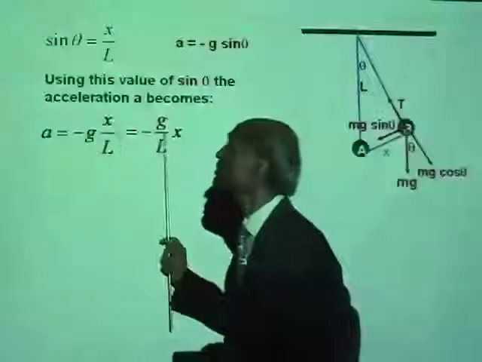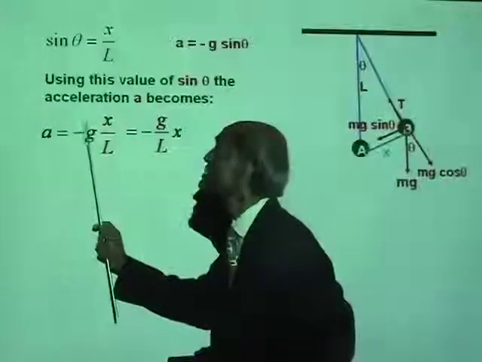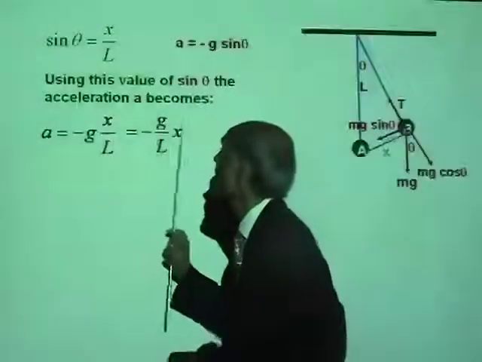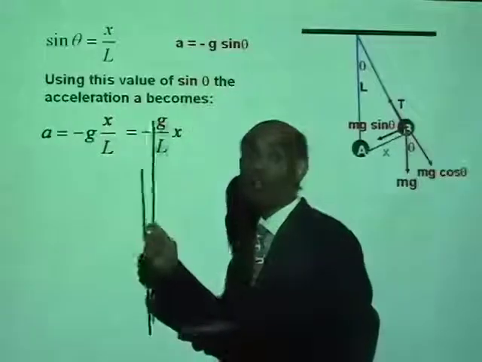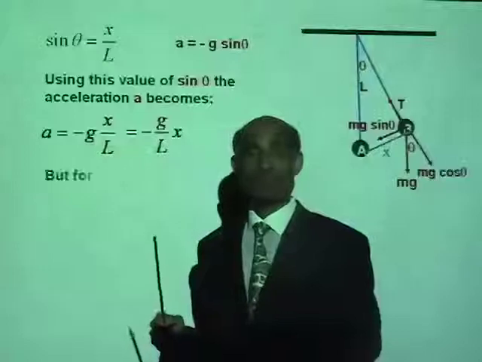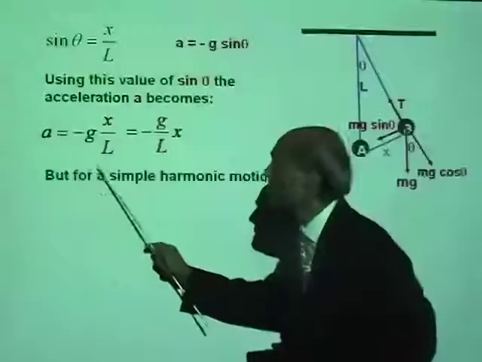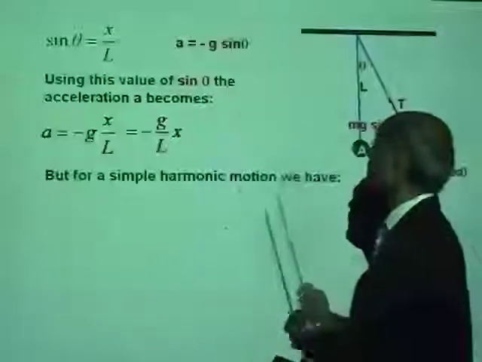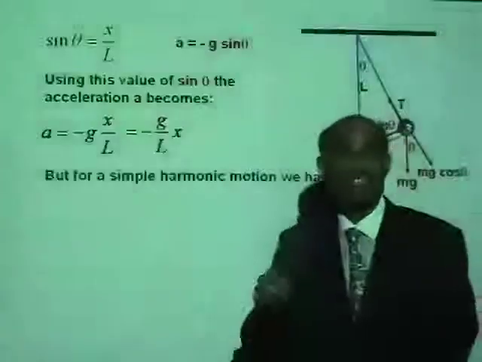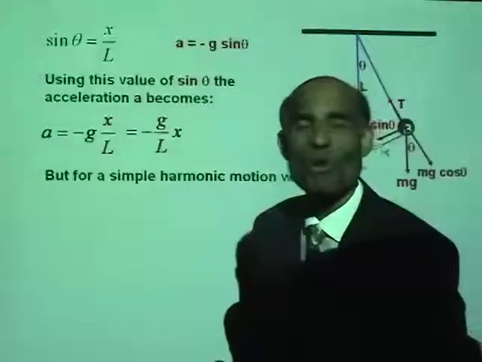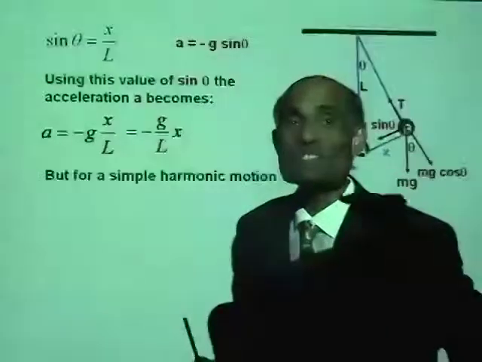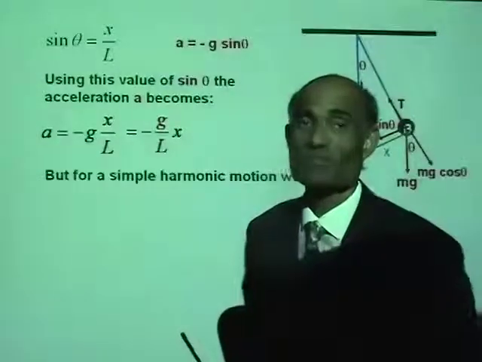Do you see I rewrote this equation as negative g over L times x, where what does x stand for? The displacement. Alright, but acceleration for a simple harmonic motion, I was asking you that question.